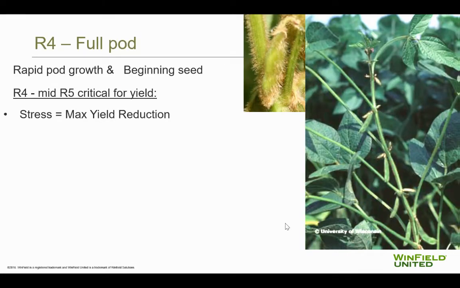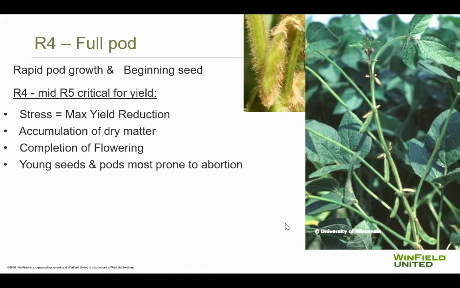And so as we get into that full pod stage, that R4 and getting into that R5 early seed fill stage, that is when stress can cause maximum yield reductions. It's when we're really sensitive to stress. And that's because of, as we've already talked about, that accumulation of dry matter, the completion that we're having of flowering, and the seeds in the pods that are young and that are very prone to abortion.